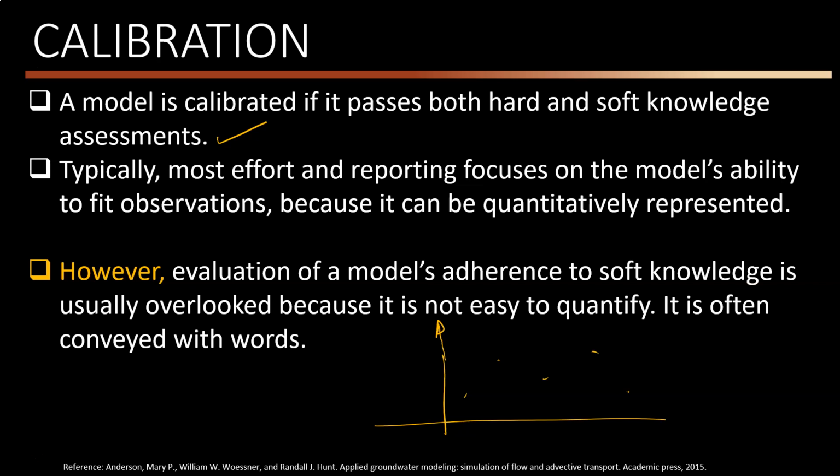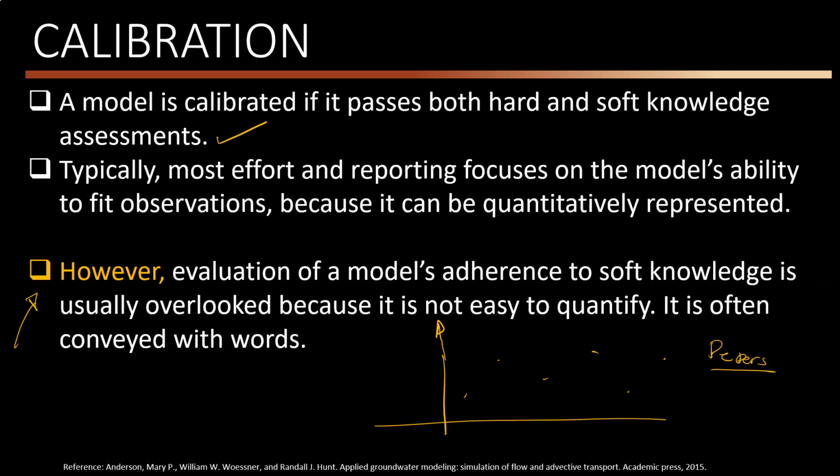If you go and see the papers, they usually have done a very good job on fitting the data, but they have a very weak and incomplete discussion on the evaluation of models. Adherence to soft knowledge is something which is usually lacking in those reports.